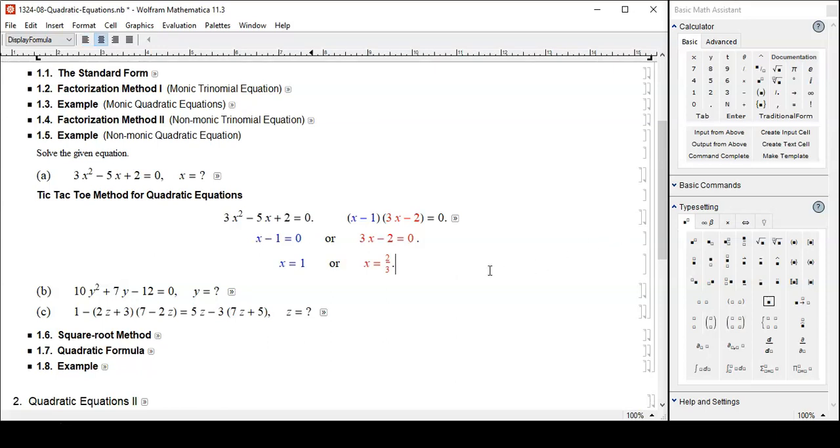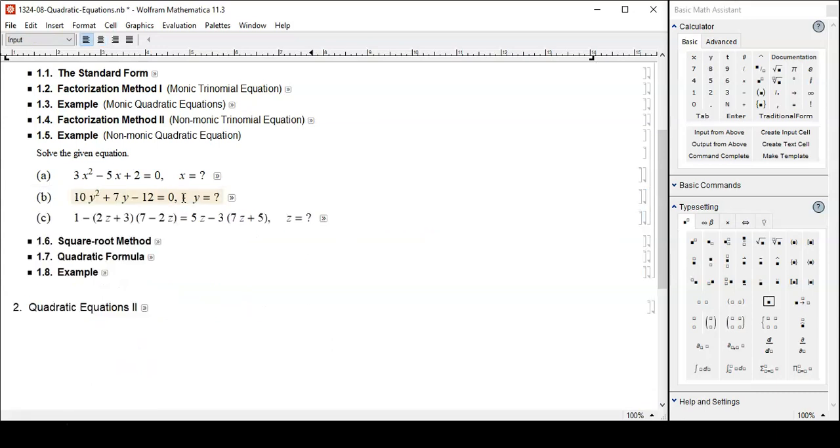If you type in tic-tac-toe method for quadratic equation in YouTube, then you'll be able to see a lot of good examples and lesson videos associated to this. We have a little bit of time left, so let's do one more. Let's do this. First, we have to do 10 times -12.